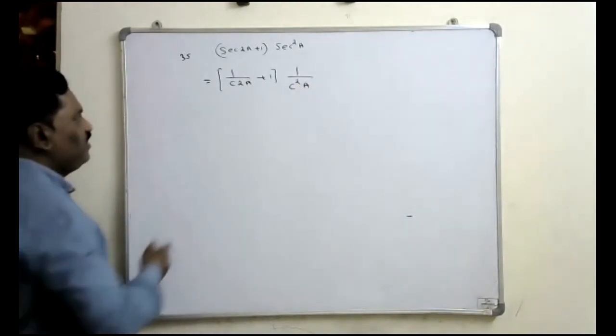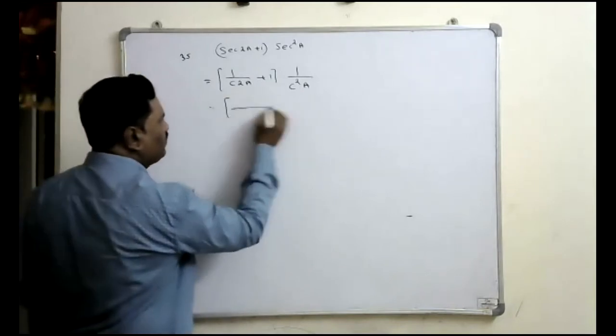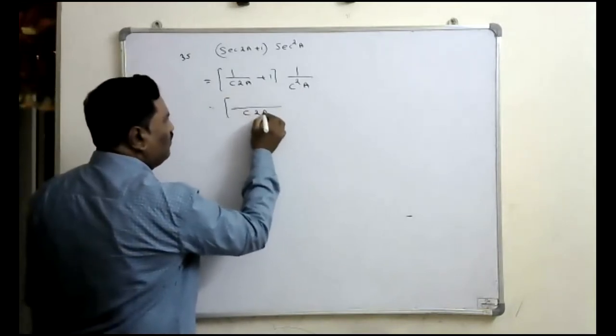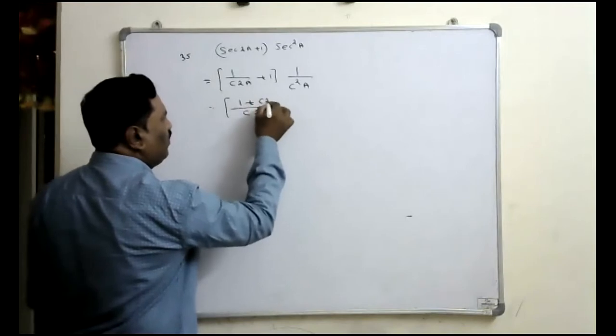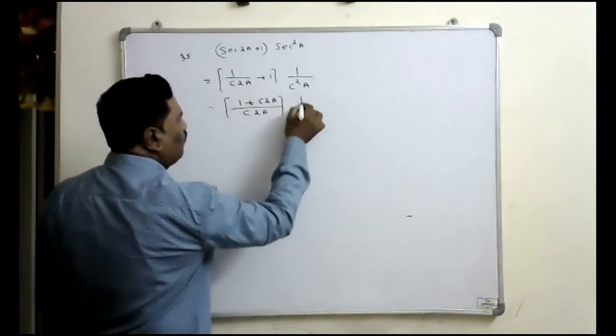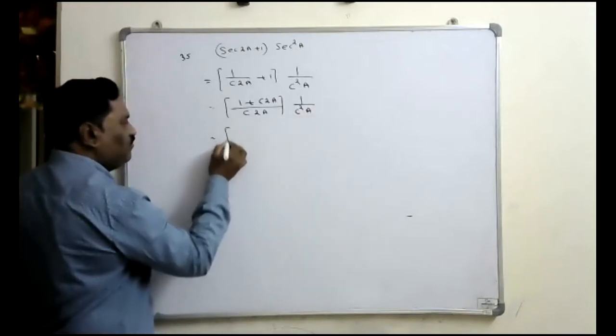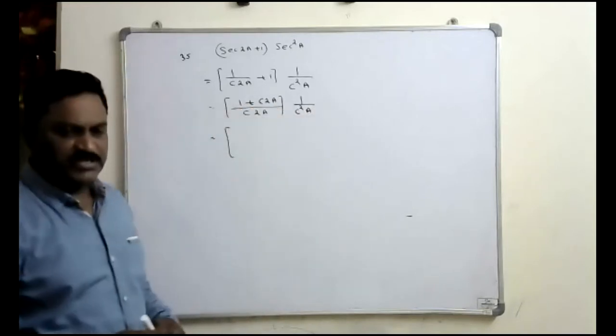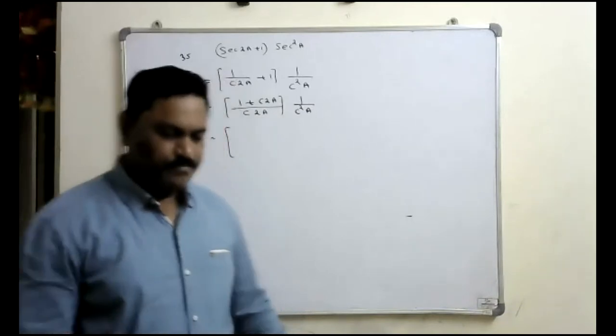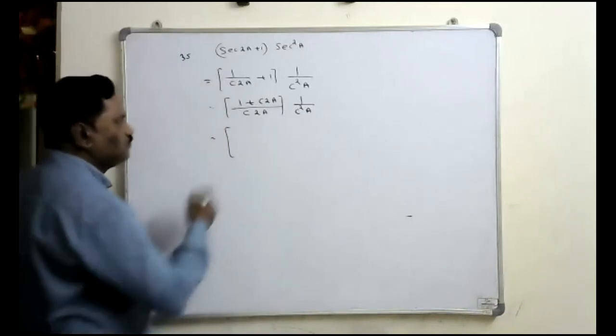Then here we will take the LCM in the bracket, which is cos 2a. The numerator is 1 plus cos 2a, into 1 by cos square a. Tell me what is the formula for 1 plus cos 2a? 2 cos square a.